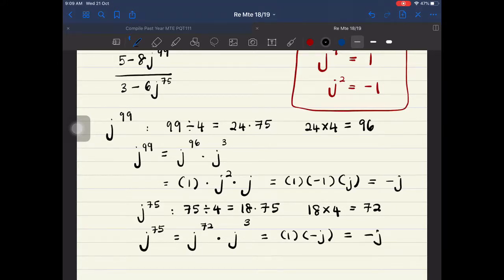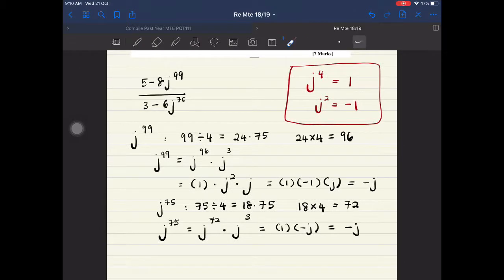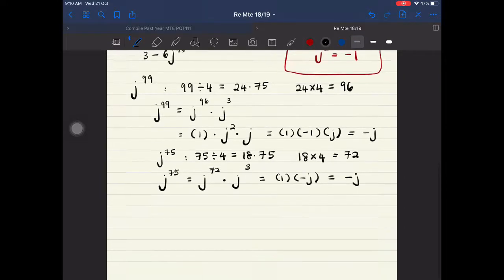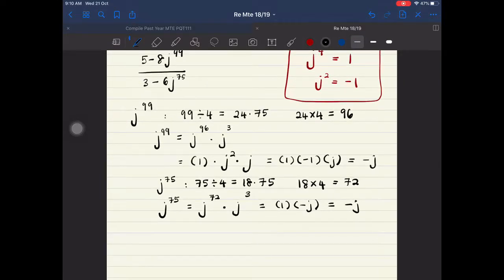Okay, so therefore now this one will become (5 minus 8j to the power of 99) over (3 minus 6j to the power of 75).